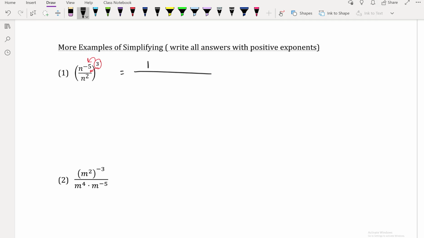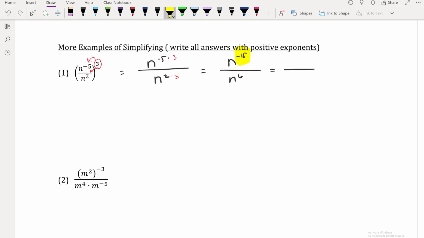So really, I have my n to the negative 5 being multiplied by 3, and my n squared being multiplied by 3. Okay. So I end up getting n to the negative 15 and n to the 6th power.